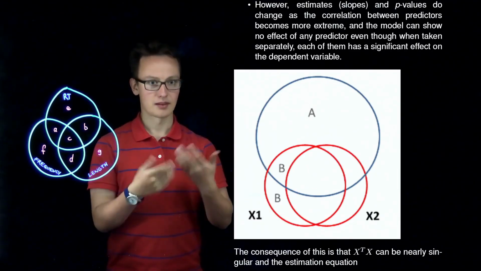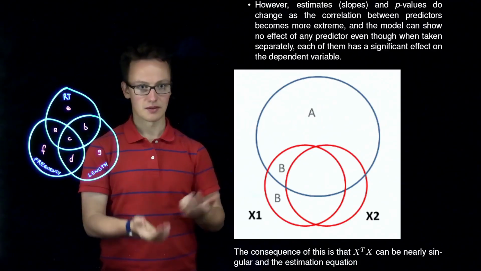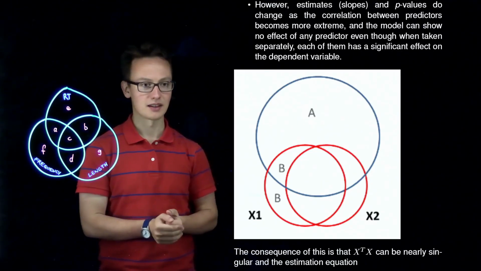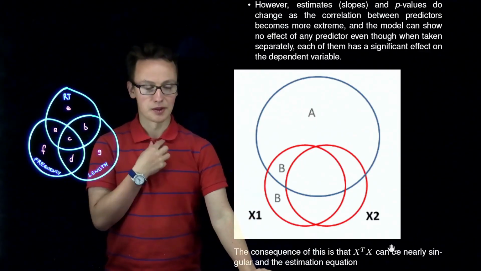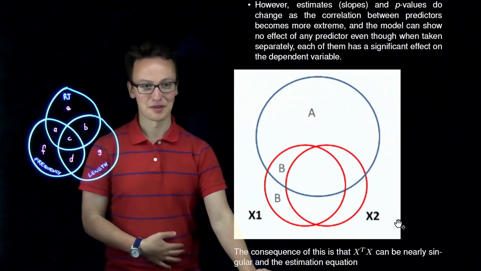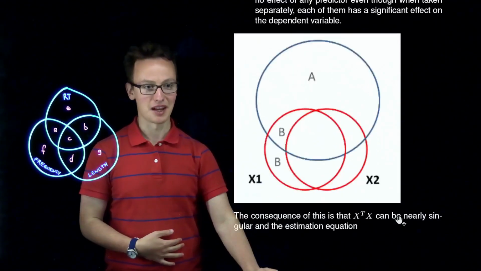This will then result in an error because R can't properly find the solution anymore, because the math breaks down basically. So that's a possible dramatic consequence of high degrees of multicollinearity.